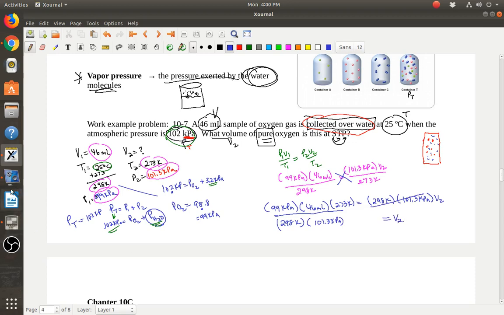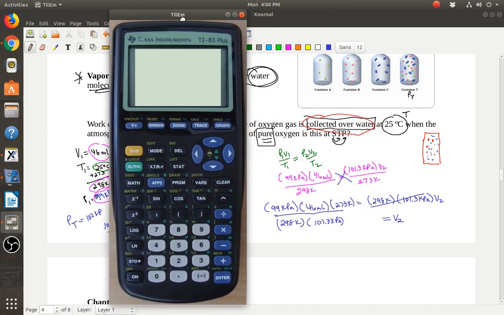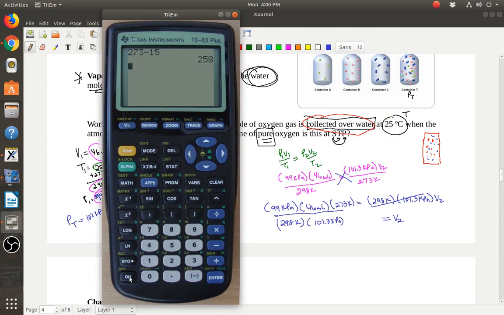Okay, I'm going to go ahead and pull up my calculator for it this time. All right, so it's 99 times 46 times 273 divided by 298. Divide again by 101.3. Don't multiply by that. You will cause a problem.